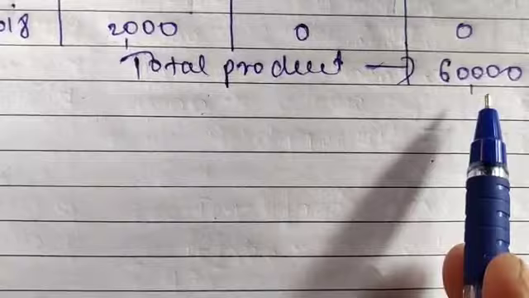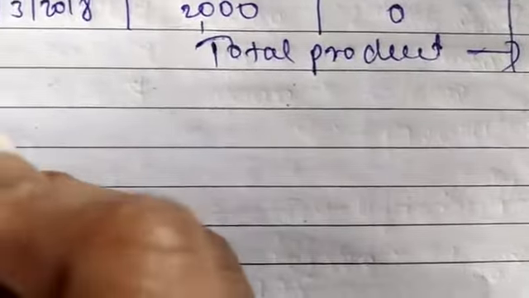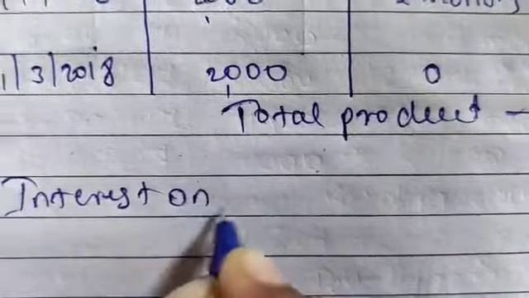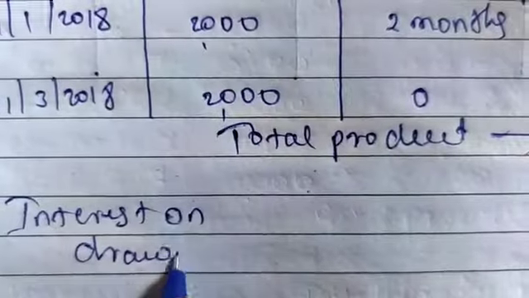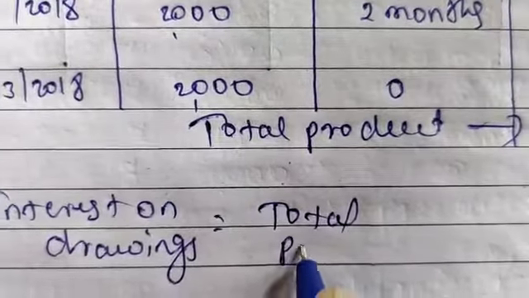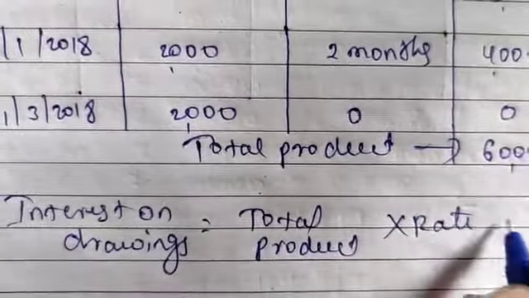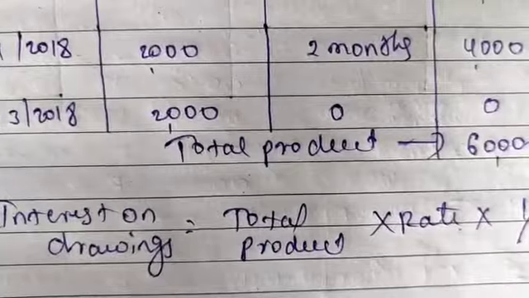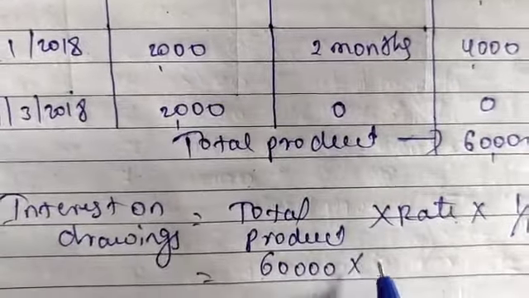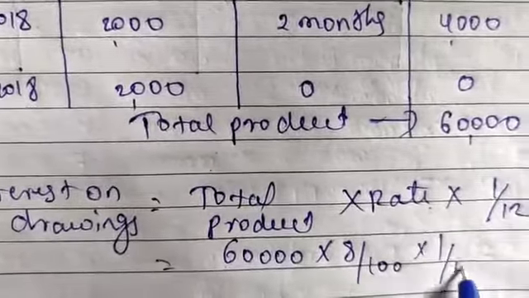Now by taking this amount you should calculate the interest on drawings of Suresh. Interest on drawings equals total product into rate into 1 divided by 12. The total product you got here is 60,000, the rate is 8% and 1 divided by 12.